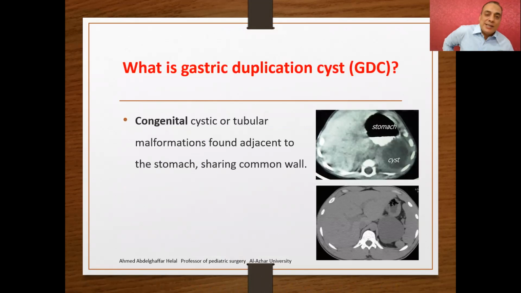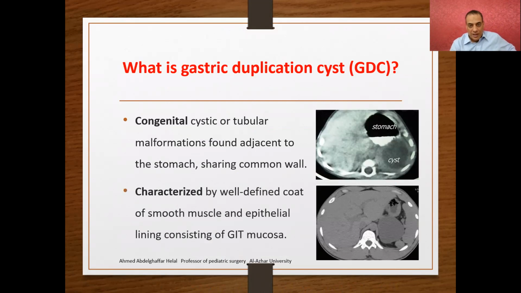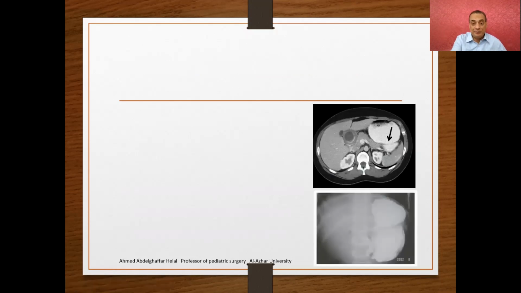It is a congenital, cystic, or tubular malformation found adjacent to the stomach, sharing a common wall with the stomach, characterized by a well-defined coat of smooth muscle and an epithelial lining consisting of some type of GIT mucosa. As we see, this is the stomach and this is the cyst. Also, it is clear that there is a cystic lesion related to the wall of the stomach.